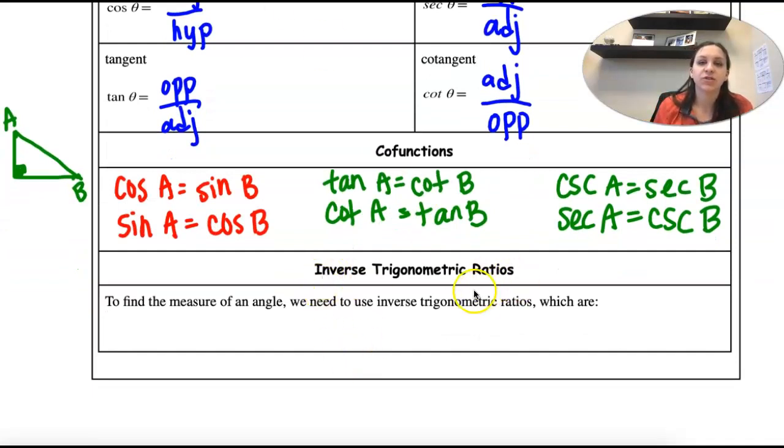Last one, inverse trig. We use these to find angles, not sides. And you'll see them with the little negative 1. That's inverse sine, inverse cosine, inverse tangent. Okay, so notice even though I'm writing sin, it's not sin. It's still read sine.